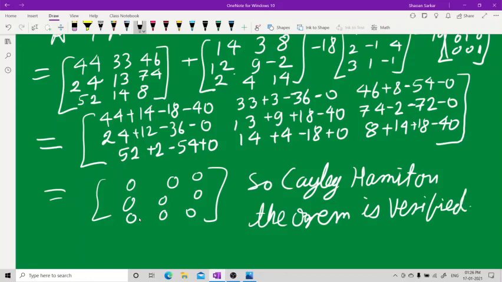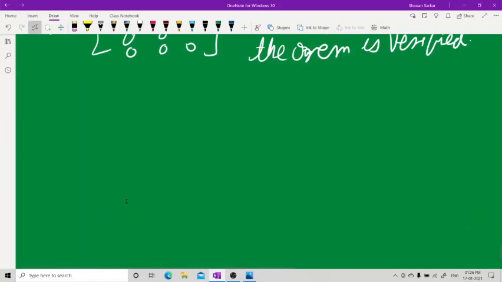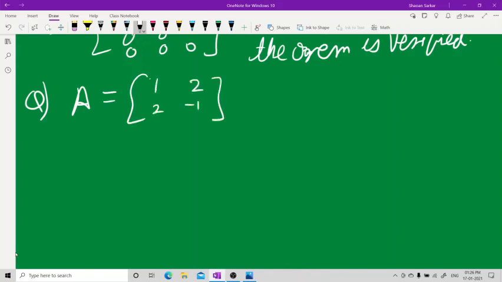This is one type of problem. I'll take another type of problem right now. Suppose you have a matrix A of the form 1, 2, 2, minus 1, and you need to find A inverse, and hence you need to find A to the power of 8.